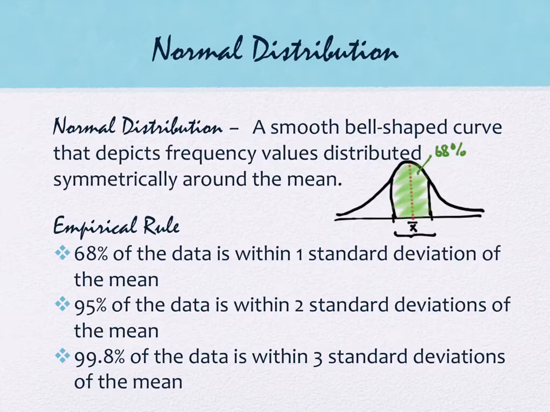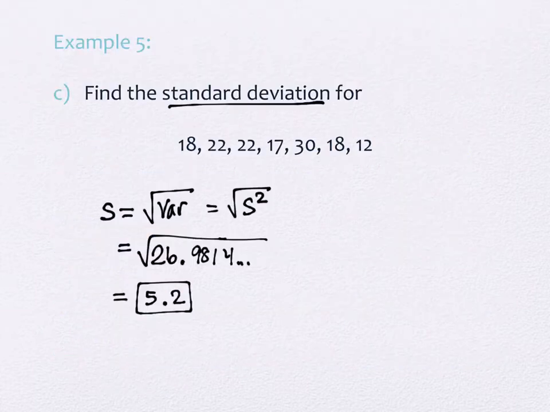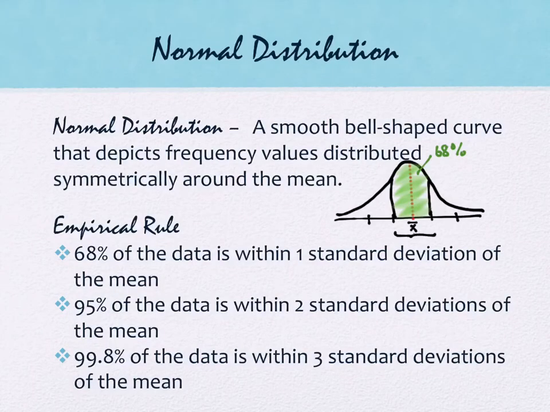Now let's say I go out 2 standard deviations. So now I'm over here, spread apart further. The standard deviation is a value we found, right? Over here, the standard deviation was 5.2. So if I were putting this onto this chart, the X bar would say 19.9 in the middle, and then I'd do 5.2 smaller than that, 5.2 bigger than that, and those would be my X locations.